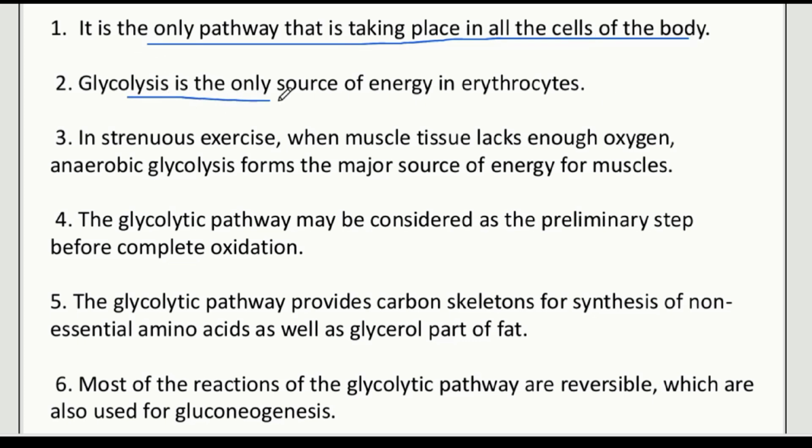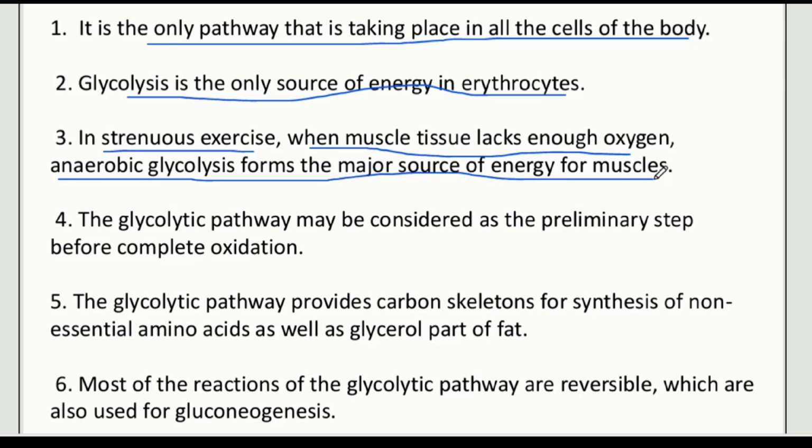Glycolysis is the only source of energy in erythrocytes. In strenuous exercise, when we are doing heavy exercise, muscle tissue lacks oxygen. That means our muscles are going through an anaerobic condition. Anaerobic glycolysis forms the major source of energy for our muscles.